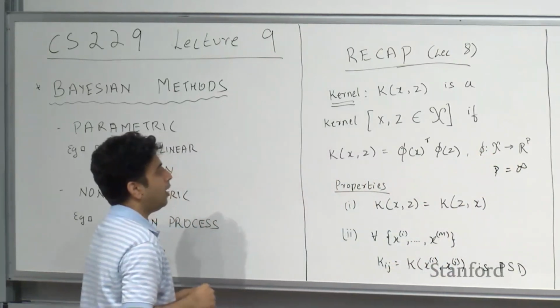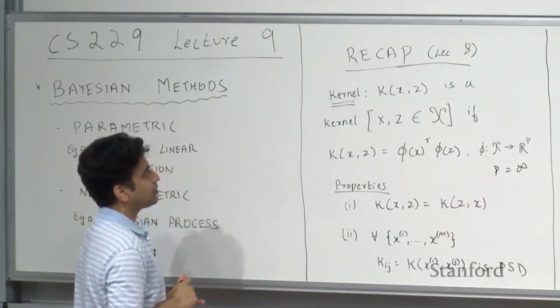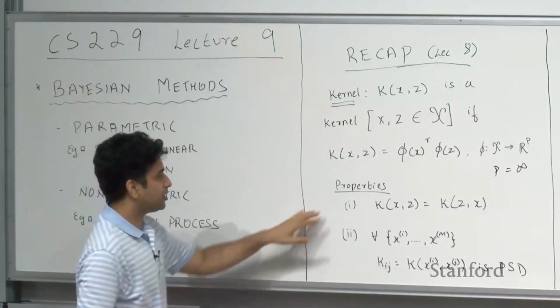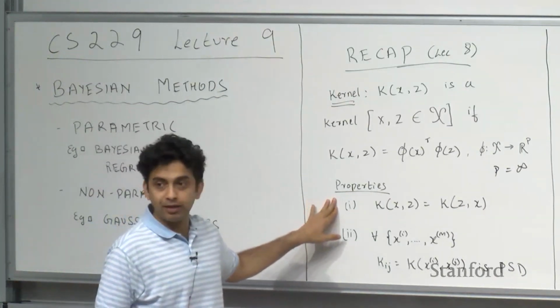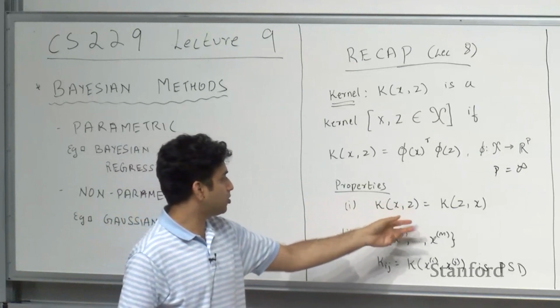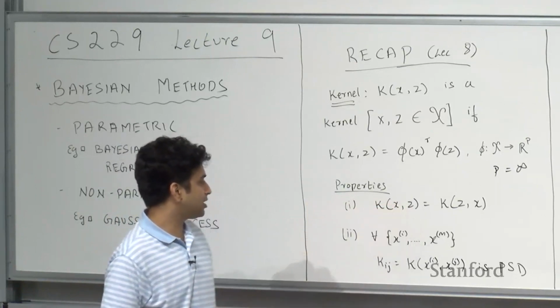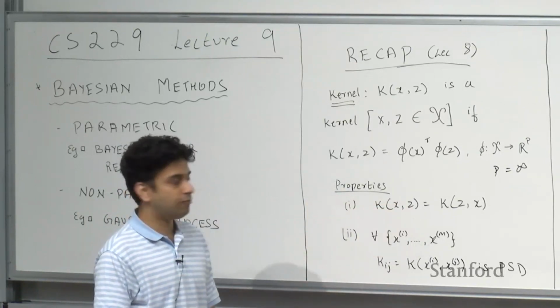And some of the properties of the kernels, we saw that first it needs to be symmetric in its arguments. So x and z can be swapped and it needs to evaluate to the same value.